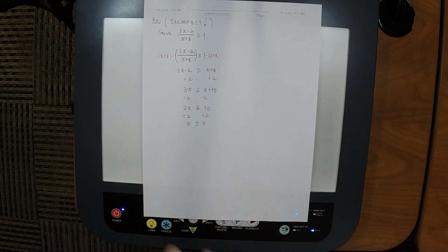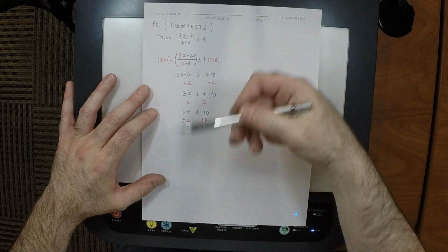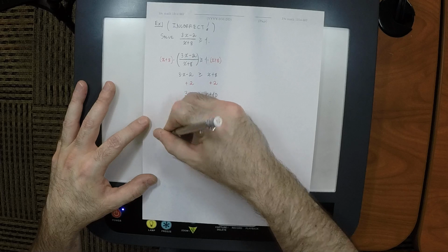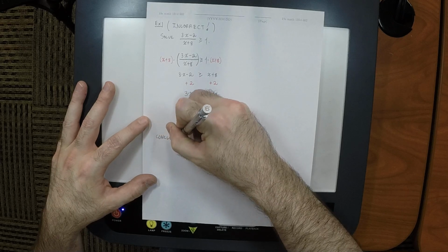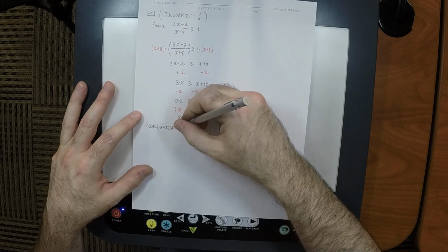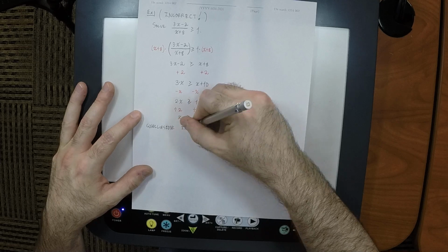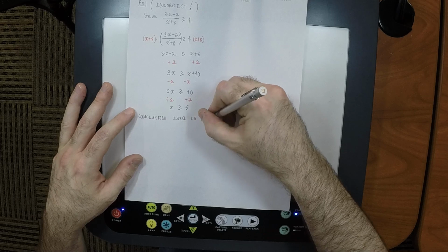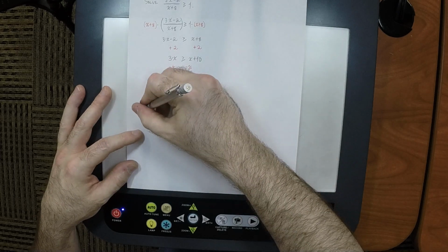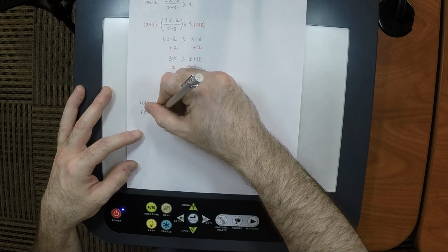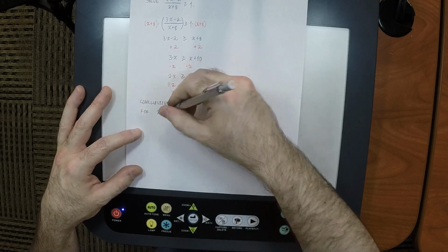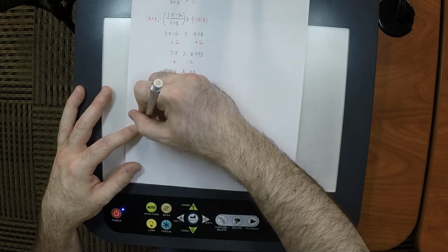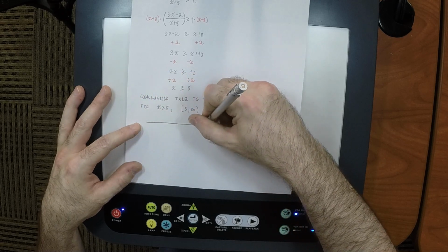So what we're saying, if this is right, the conclusion is that the inequality is true for x greater than or equal to 5, in interval notation 5 to infinity, and written as a plot like this.